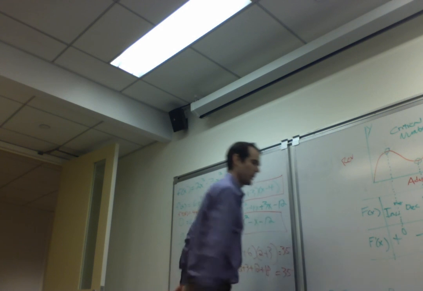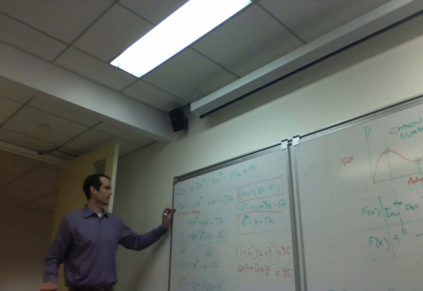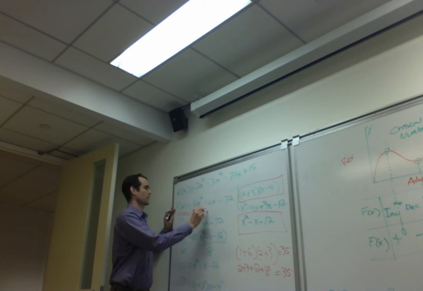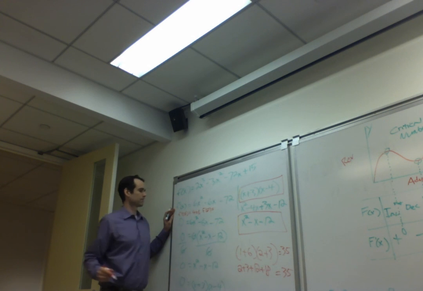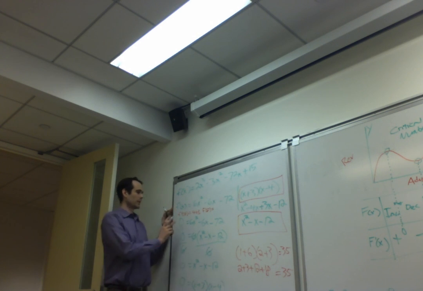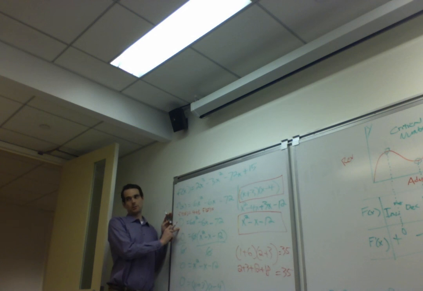All right, let's test 0. Let's put 0 into this function. What do I get? F prime of 0. No, this is where I set it equal to 0 and find the critical numbers. Now I want to find the slope of this function at point 0. So I put 0 into this first derivative function.